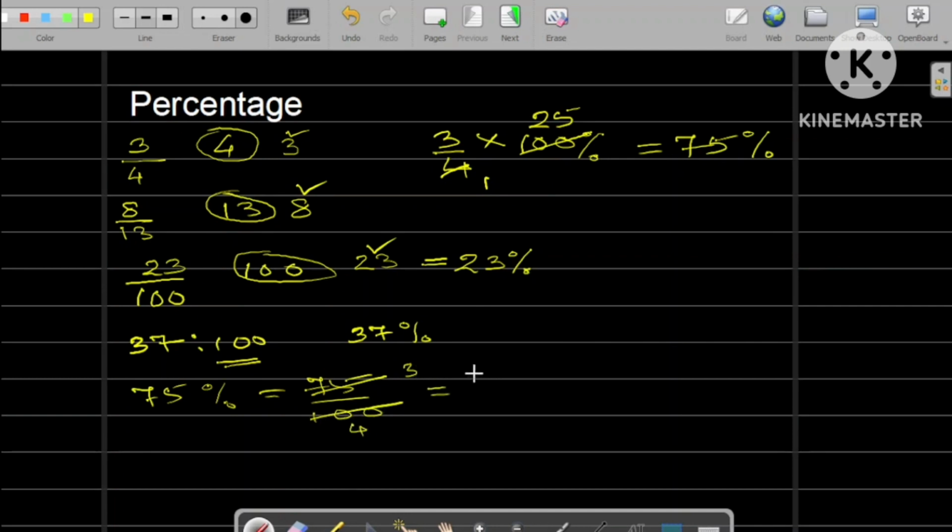So we can represent it as 3 by 4. So 75% can be denoted as 3 by 4, the same way, just the opposite way of what was done over here. We had 3 by 4 and we converted that into its percentage equivalent, and over here the percentage has been given and we are converting it into its fractional equivalent. Done.